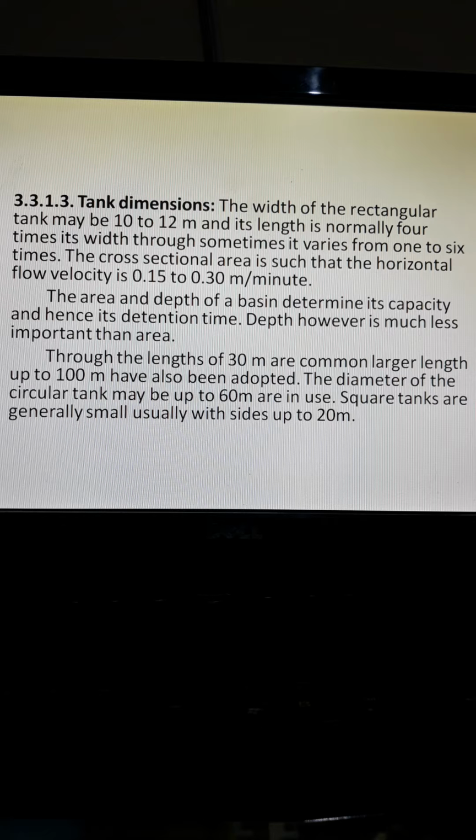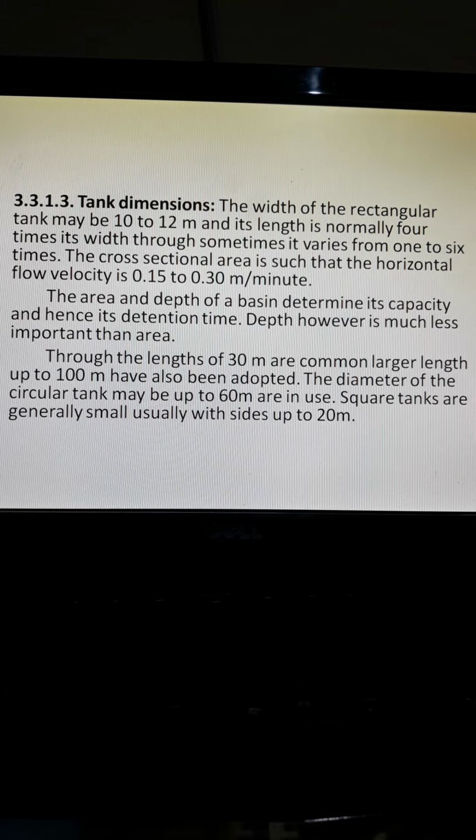The cross-sectional area is such that the horizontal flow velocity should be maintained in the range of 0.15 meters to 0.30 meter per minute, that is 15 centimeters to 30 centimeters in 1 minute. That should be the horizontal flow velocity of the water in a continuous flow type of sedimentation tank.